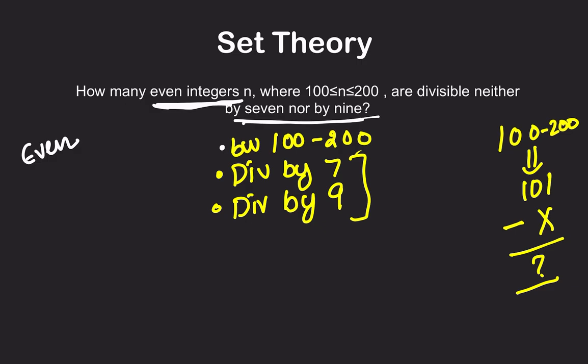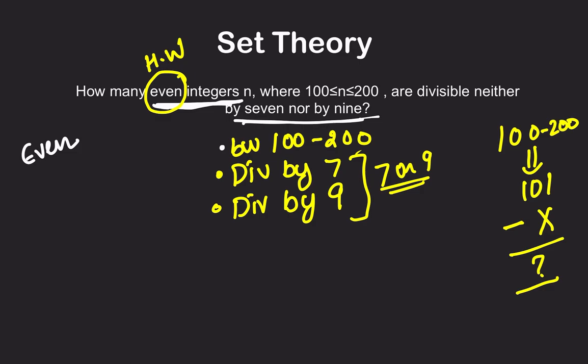So this even integers part is another complexity. You can do it in your homework part. I'm just keeping it for you, how you are going to separate even integers as well. For now, I'm only focusing on numbers which are divisible by 7 or 9. I will remove those numbers from my list of 101 numbers. Whatever is remaining, that is my answer.